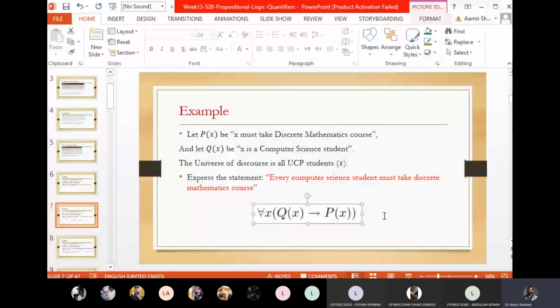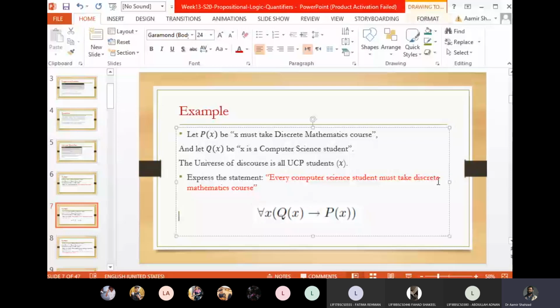It's just like when we write our computer programs. First we declare our variables and then we use those variables in any way that we want to use. So over here also we need to define our statements, our symbols, and then we can express it in mathematical notation.